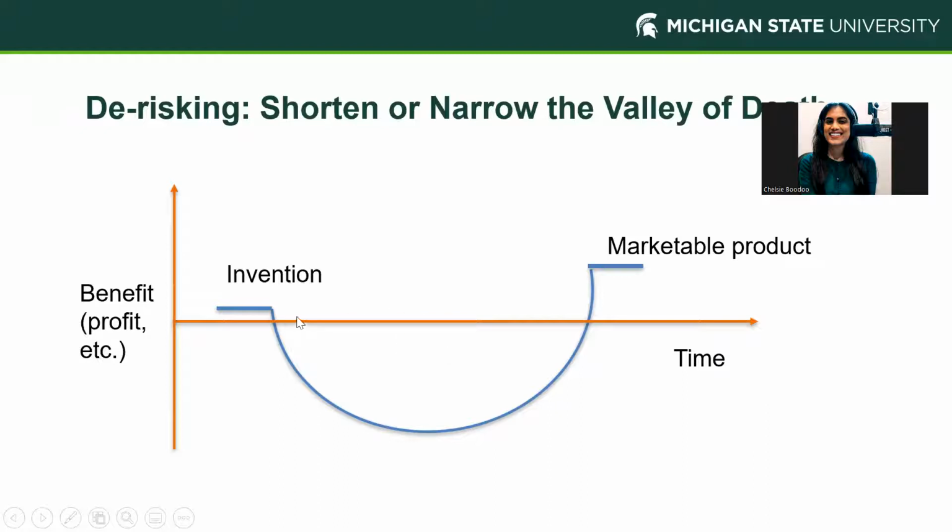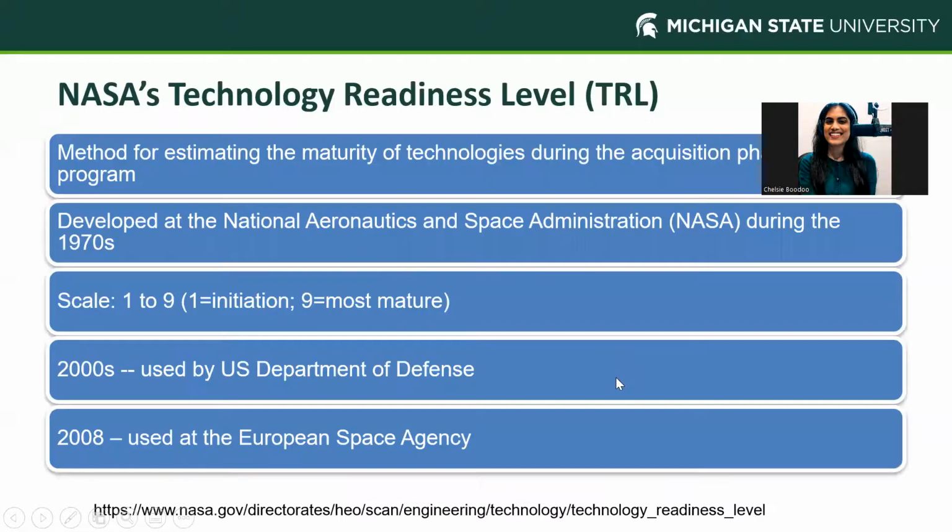So what we want is to narrow this distance, minimize this distance, and minimize the depth. So how do you de-risk? By shortening or narrowing the valley of death. You want to make sure that distance is narrow and short.